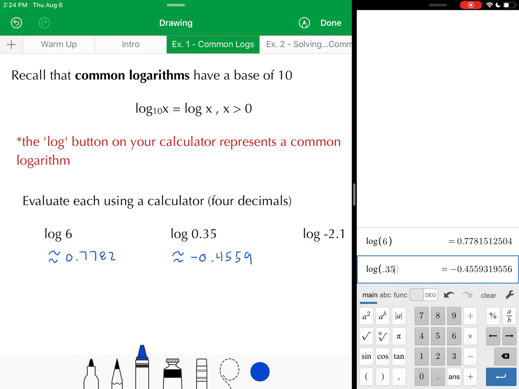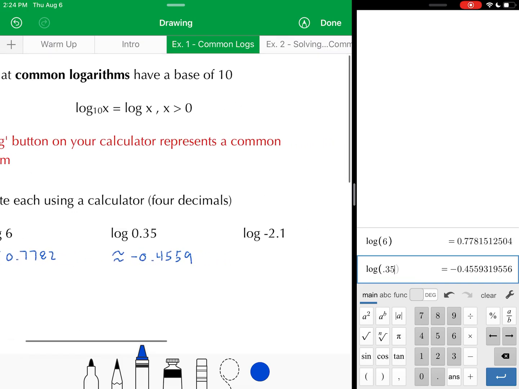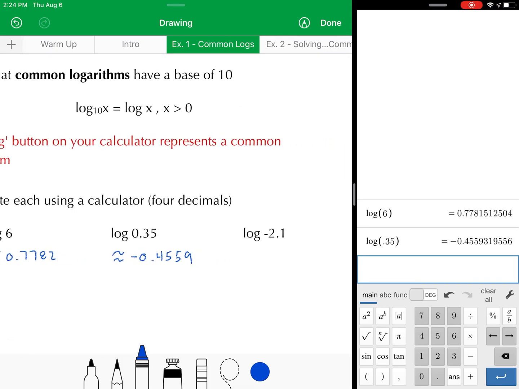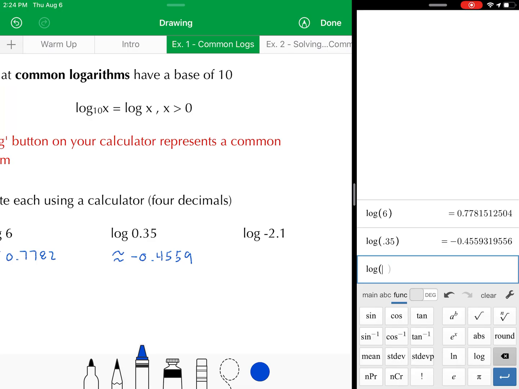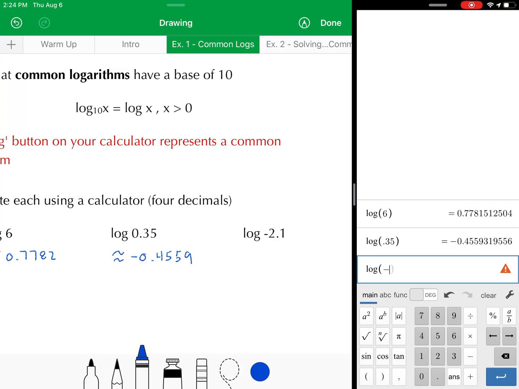All right, and then how about common log of negative 2.1? 10 raised to what power is negative 2.1? I'm getting an undefined value, or some calculators will just say error.